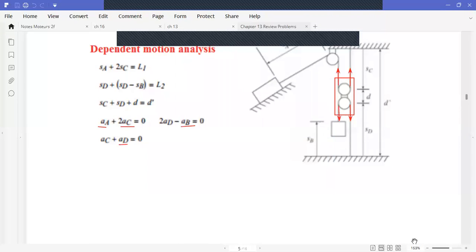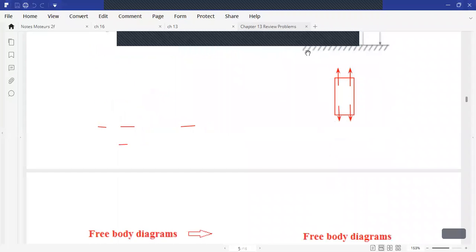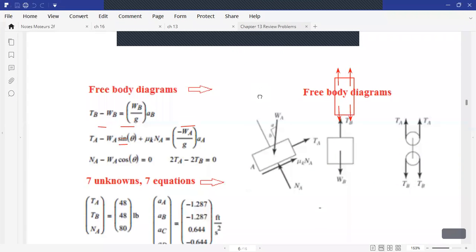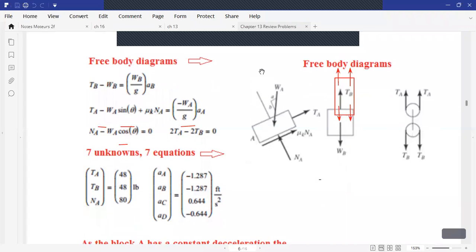Now I can move to the free body diagrams of each part. As we said, from the free body diagram of the pulleys, we get that TA is equal to TB. Now if I take the free body diagram of block B, I have the weight of B and the tension of the cord. Now please pay attention here.